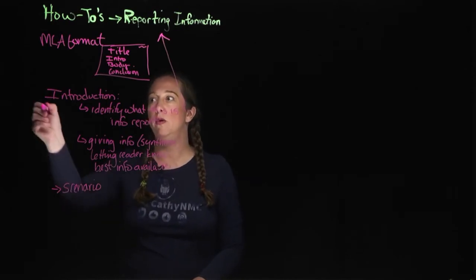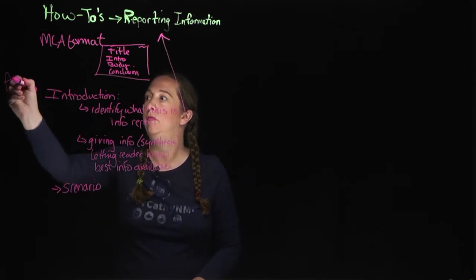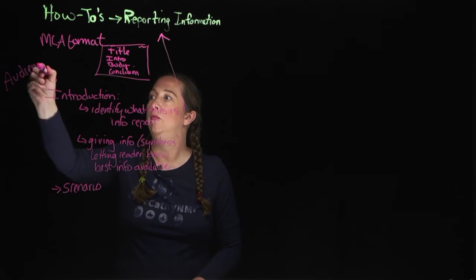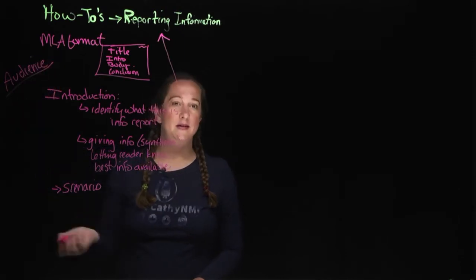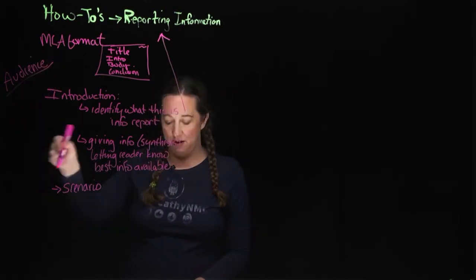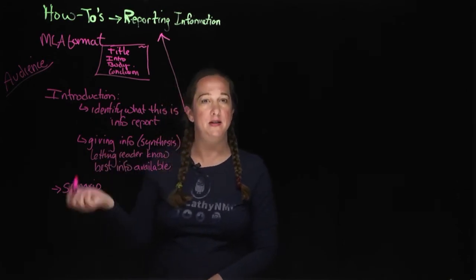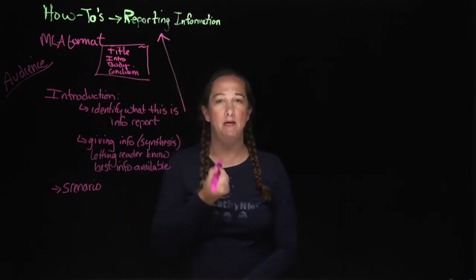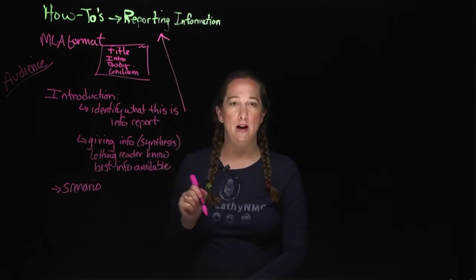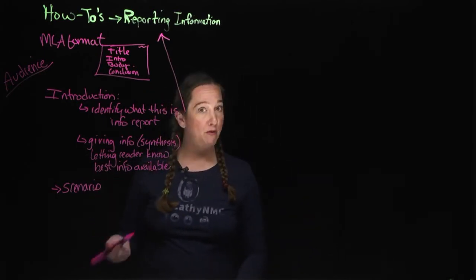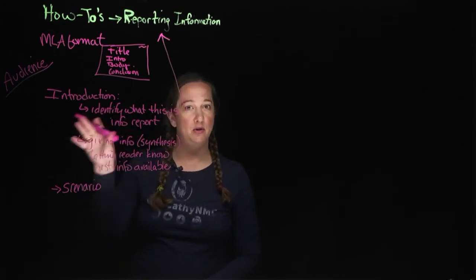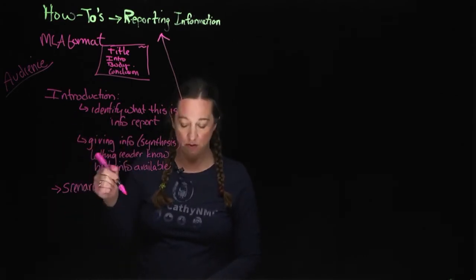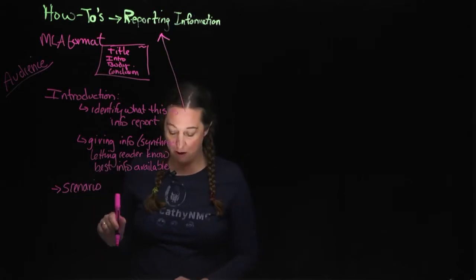Our audience that we are writing this for is not me. It is the person that was identified as your audience in your scenario. So as you're writing this, keep in mind, you're not writing it for your professor, you're writing it for your boss, your coworker, your professor, whomever that is. So make sure you're keeping your introduction and your framework using that audience in mind.